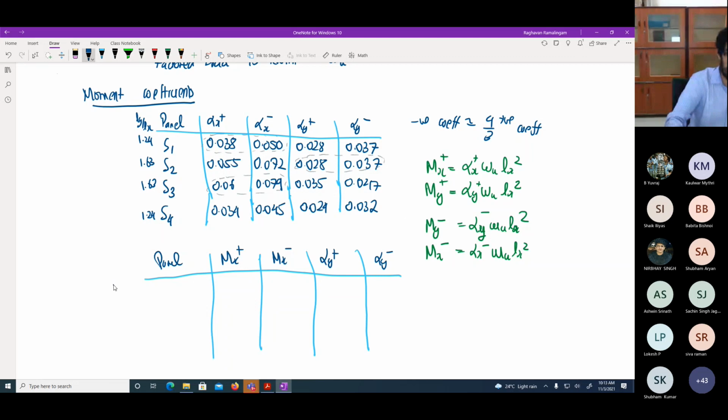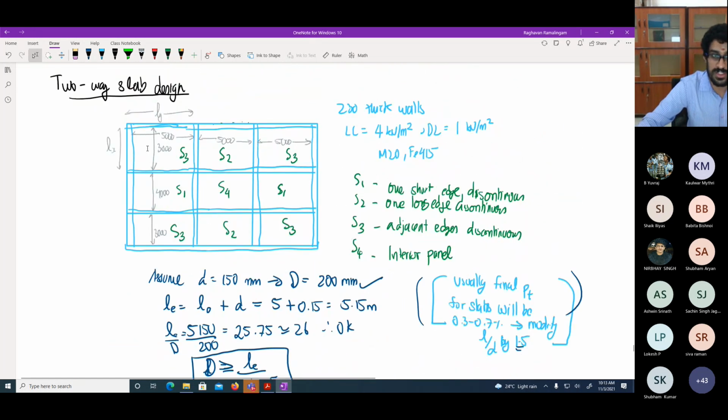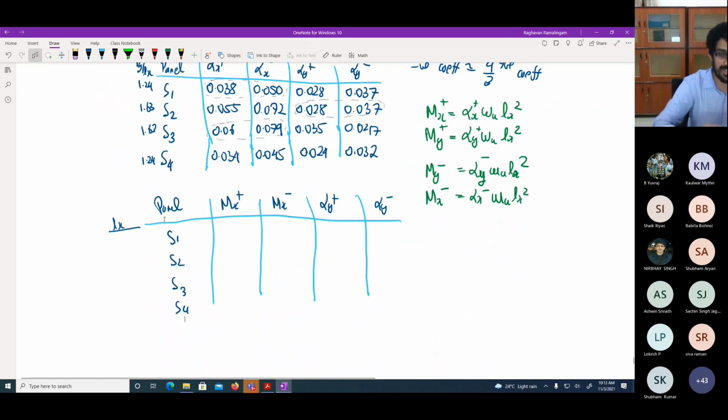I'll just write the value of lx over here. So S1, S2, S3, S4. S1 and S4 are similar. S1 and S4, it is 3.15 lx in meters. These two are 4.15.